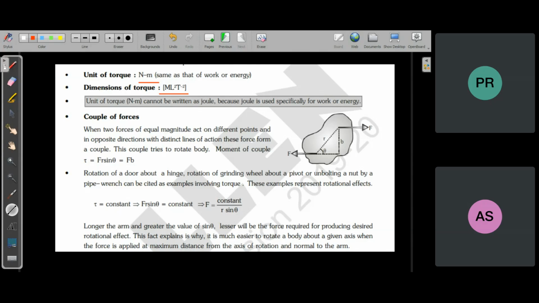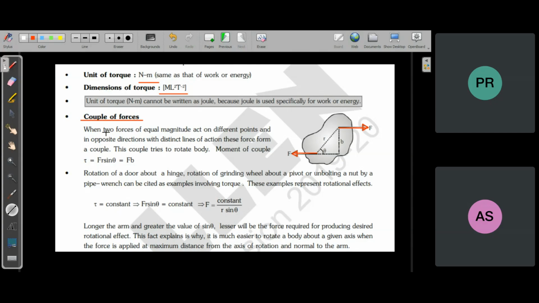This is the dimension. Now, couple of force. Couple simply means a pair. A couple of force simply means a pair of two equal and opposite forces acting at two different places, not acting at the same point, but at two different points on a body.